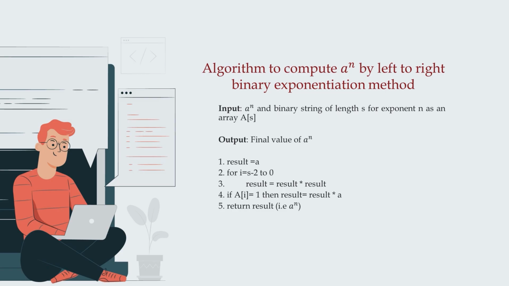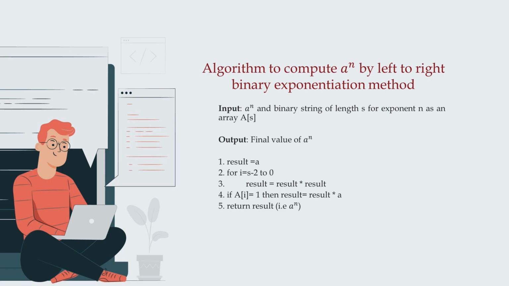First, we assign the value of a, that is the base, to result, and start a for loop or while loop with the initial value of i equal to s minus 2. What is s? s is the number of digits present in the binary value of n, that is the exponent. When we convert that exponent into binary form, the number of bits available in that binary form is s.